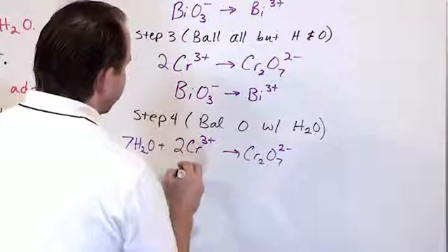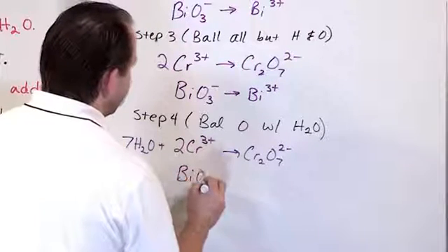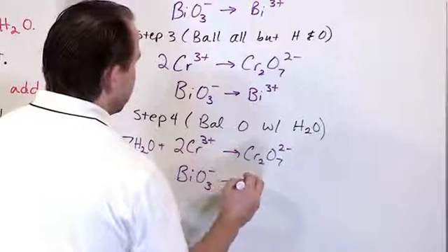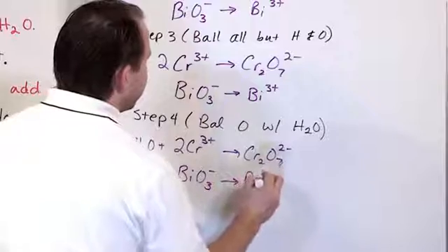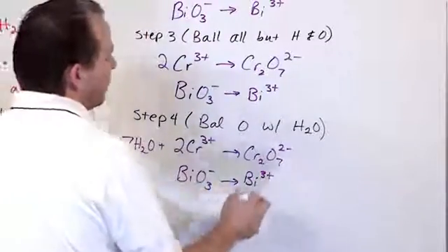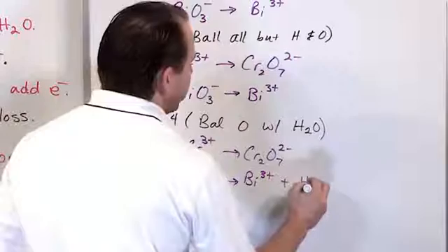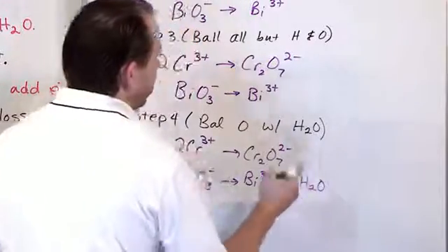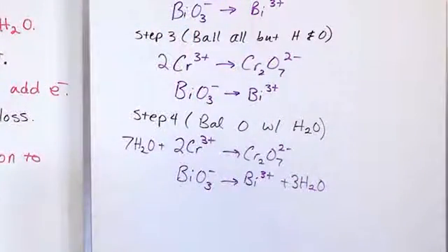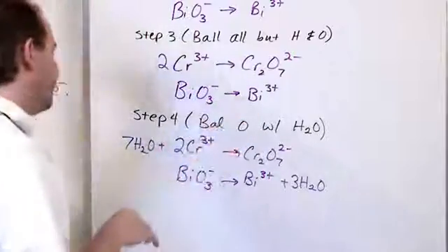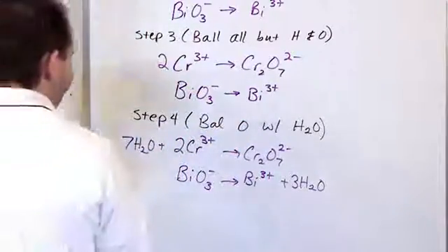In the second half reaction, I have BiO3- going to Bi3+. So I have 3 oxygens over here. The way to balance that with water is I need to put 3 waters like that. So I've balanced the oxygen with water. That's all I was concerned about in that step.